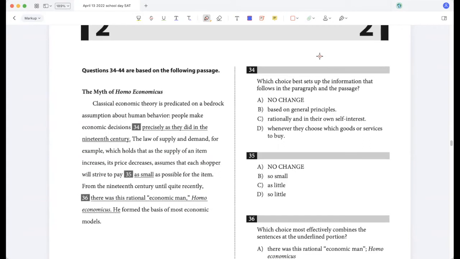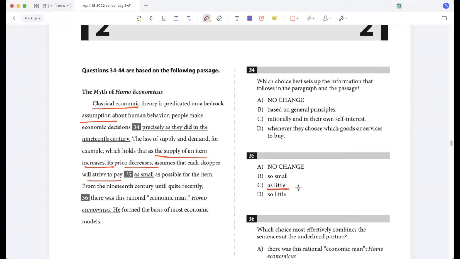Okay, so we are talking about this classical economic assumption that human beings behave rationally when it comes to economic behavior. And the example that's given here is that as the supply of an item increases, its price decreases. And this assumes that each shopper will strive to pay as little as possible for the item.